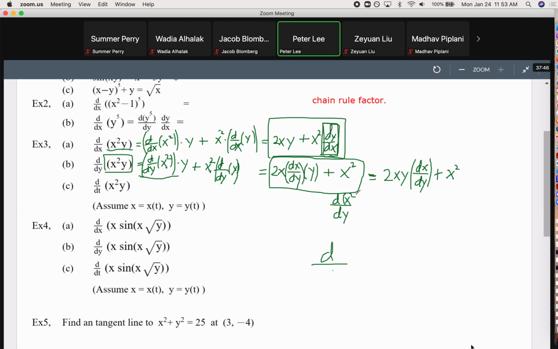What is the derivative of x squared with respect to y? Here we apply the chain rule. So that is the derivative of x squared, and now we have dy here. We push the dy to the side. And now, since we have x squared, we want to take the derivative of x squared with respect to x. So we put dx here, and we put dx here.